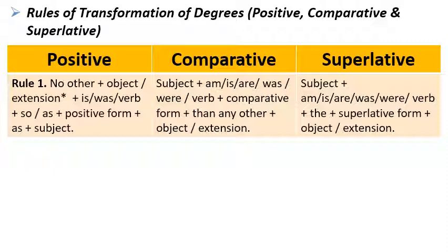In superlative degree, if you are getting a structure like this: subject plus am, is, are, was, were plus the plus superlative form plus object or extension. So how do you have to convert the sentences in different degrees? Let us see a few examples.